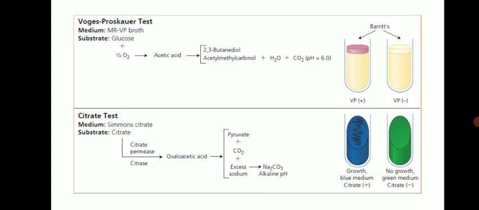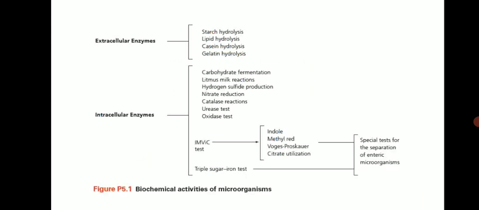Overall, these biochemical tests give details regarding the physiology of a particular microorganism, and we get important clues for identification of that bacterium. Various extracellular enzyme production tests are also carried out, including starch hydrolysis, lipid hydrolysis, casein hydrolysis, and gelatin hydrolysis.